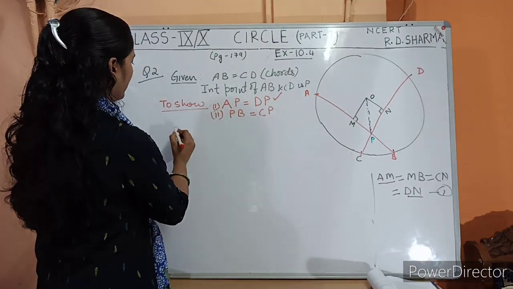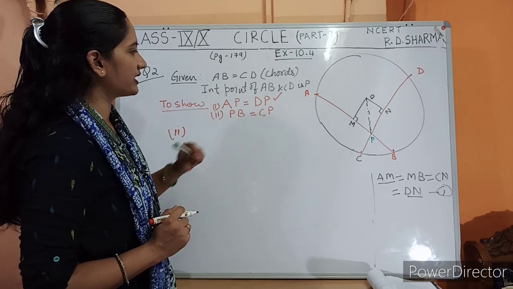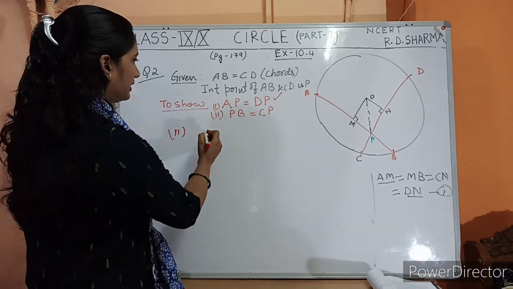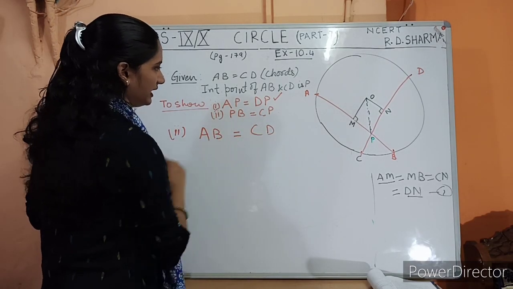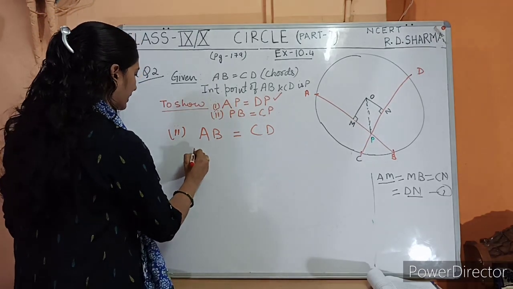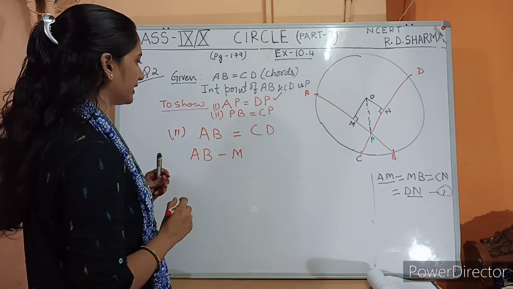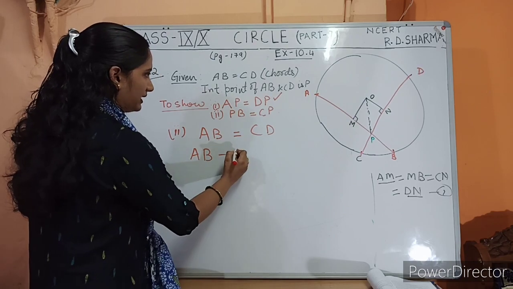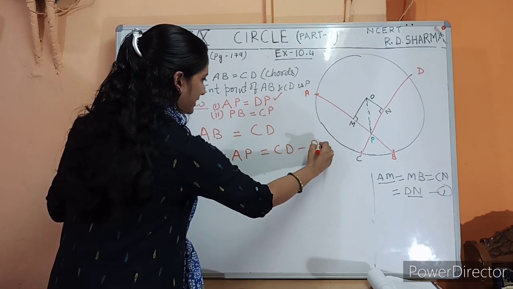So here you can see for the second part, we need to prove PB is equal to CP. And we know that the chord AB is equal to the chord CD, right? Now if I subtract the common part from both the sides, means I am subtracting here AP from both the sides.